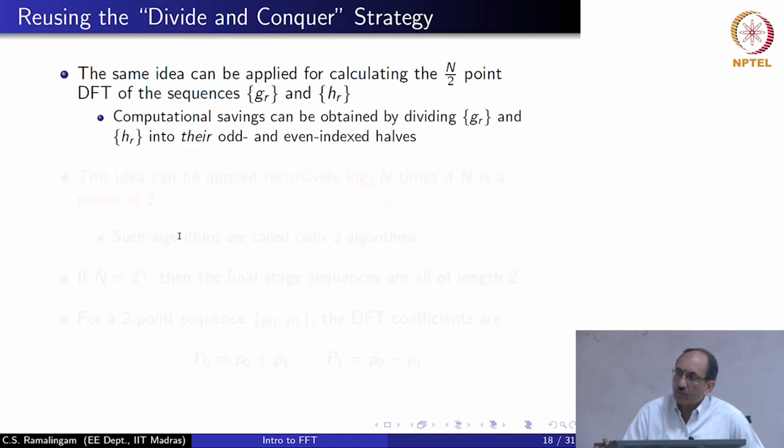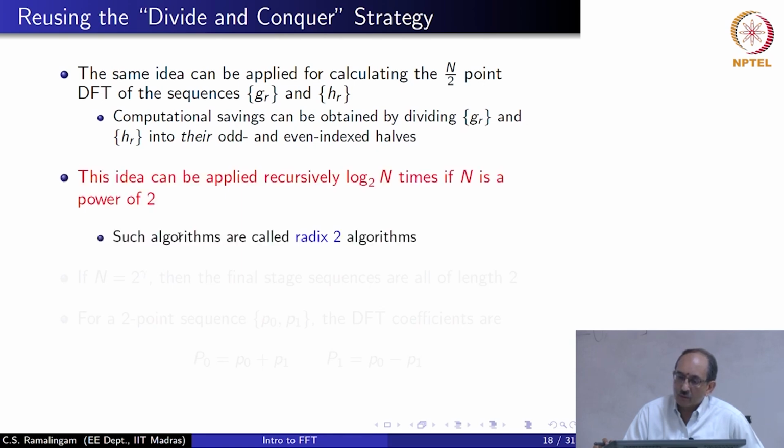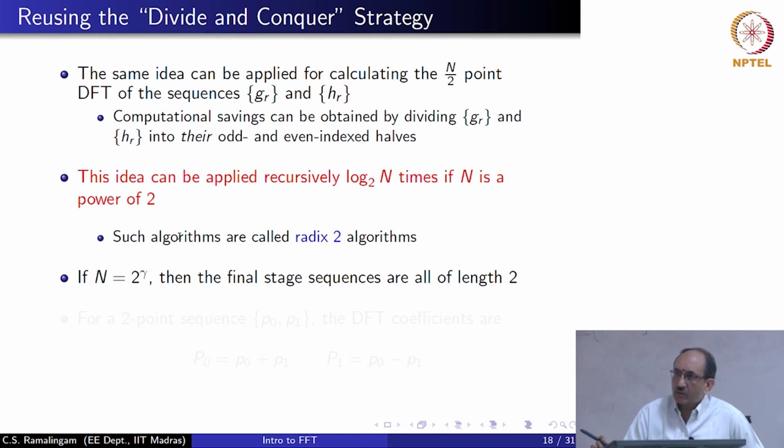So, the same idea can be applied to the subsequences G and H, further dividing them into their own odd and even indices, alright, and this can be applied log n to the base 2 times when n is a power of 2, and this is called the radix 2 algorithm, alright. So, if n equals 2 power gamma, the final stage sequences are all of length 2. What about the smallest length DFT that you have to compute, which is the 2-point DFT?